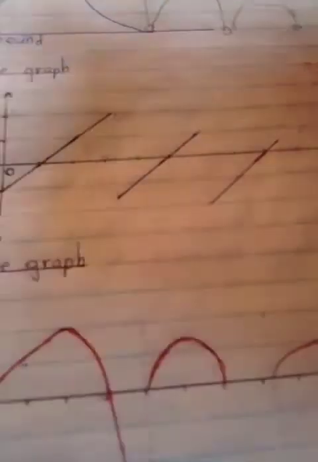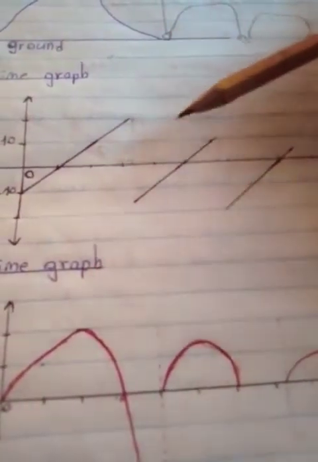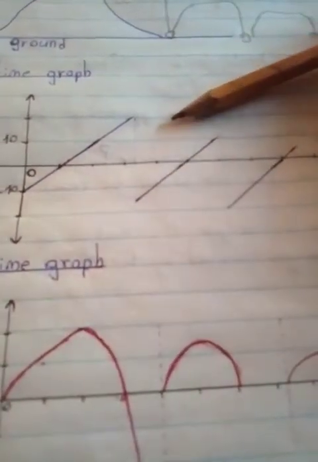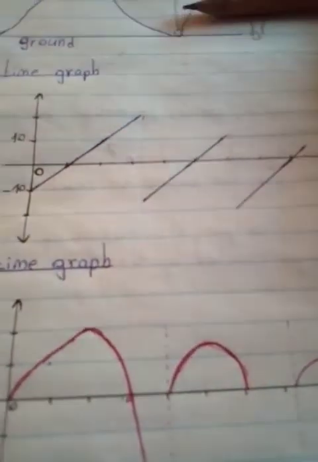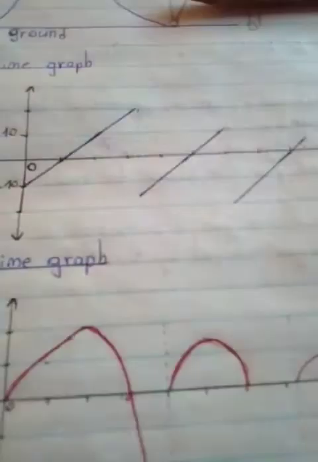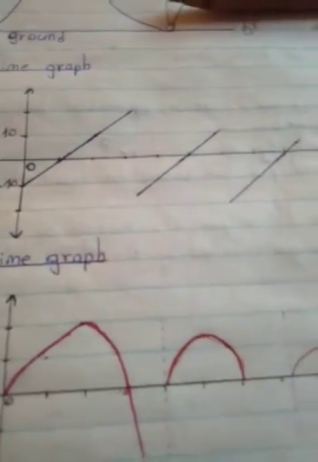I just want to ask you one question: which direction did I choose as positive here? Is it downwards positive or upwards positive? You can pause the video, think about it, and unpause the video to find the solution.